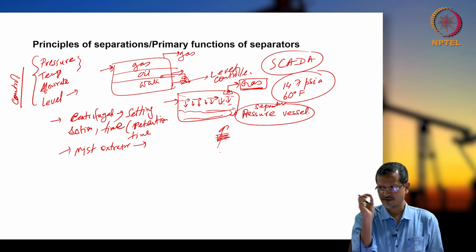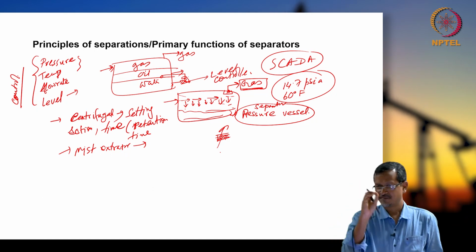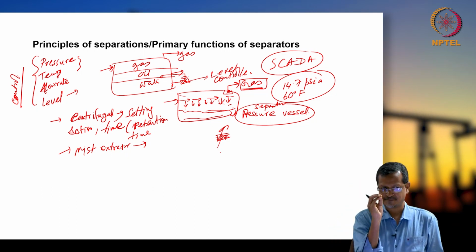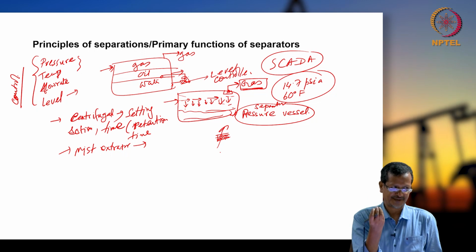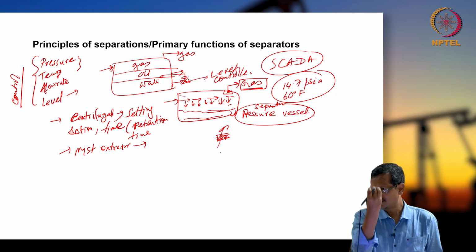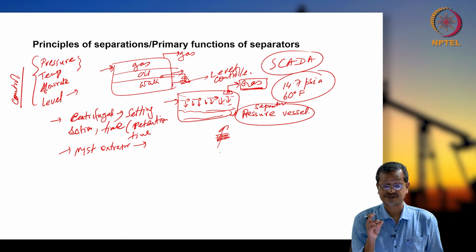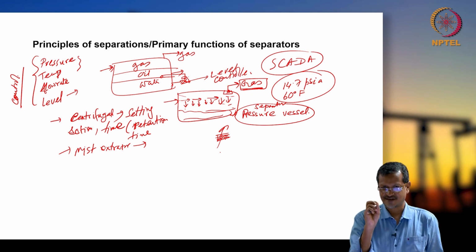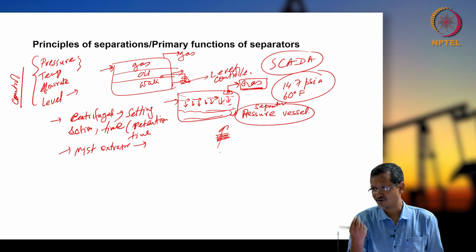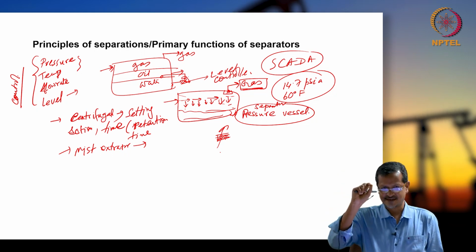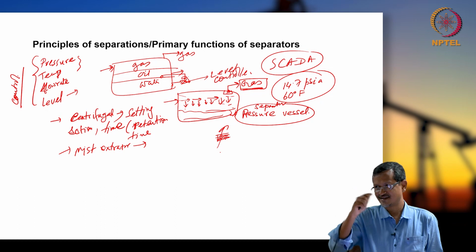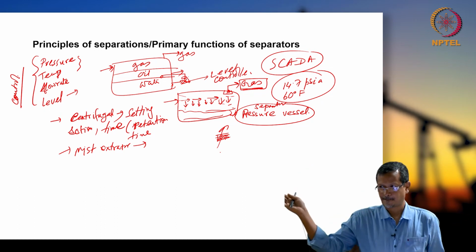Very minute tiny particles will try to move, but you try to create bigger particles. Bigger particle means density high, weight high, it will try to fall down. Okay, so the mist extractor's purpose is to create bigger particles, the liquid will fall down, and the gas with relatively less liquid will move further up.